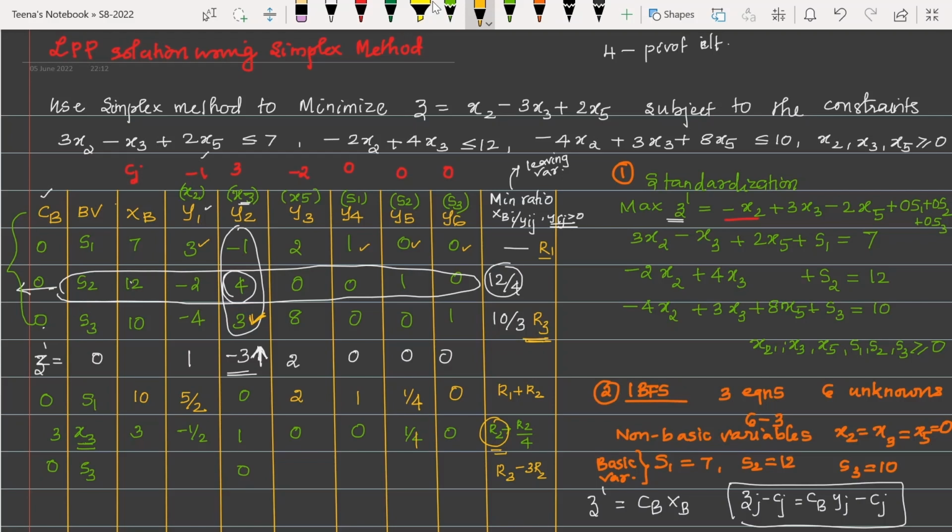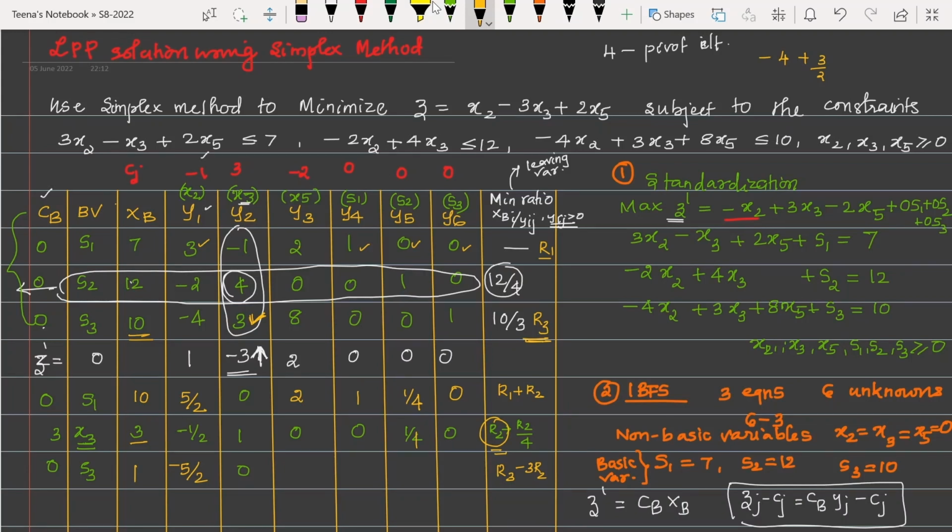Let us apply this elementary transformation throughout. So it is 10 minus 3 into 3, which is 10 minus 9 equal to 1. Then the next element is minus 4 minus 3 into minus 1 by 2. So it is minus 8 plus 3 by 2, or minus 5 by 2.